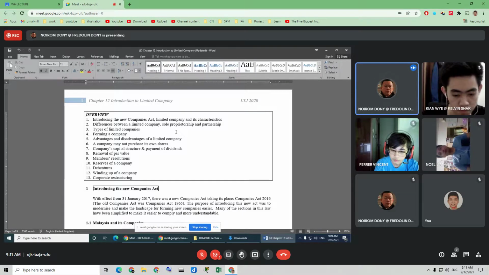Then in SOFP, you just imagine the accounting equation: asset equals equity plus liability. We present it more or less the same as the accounting equation, but the asset we break down into two. One is non-current asset.